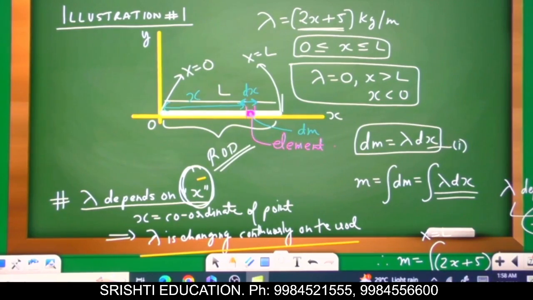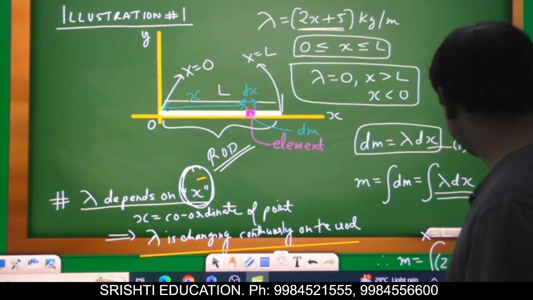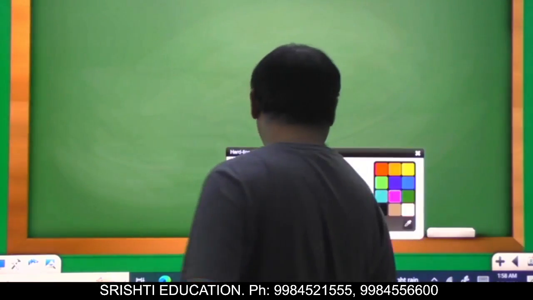Okay, now let's move to the next illustration, illustration 2.